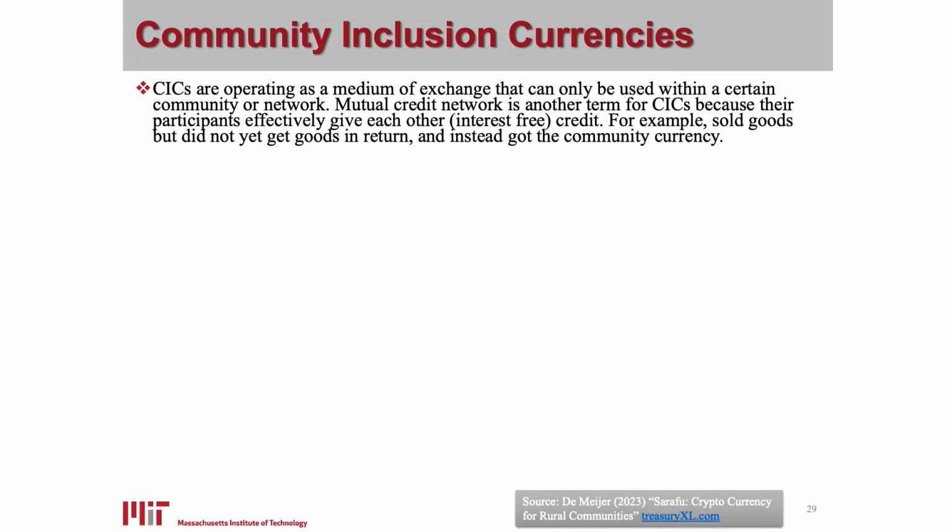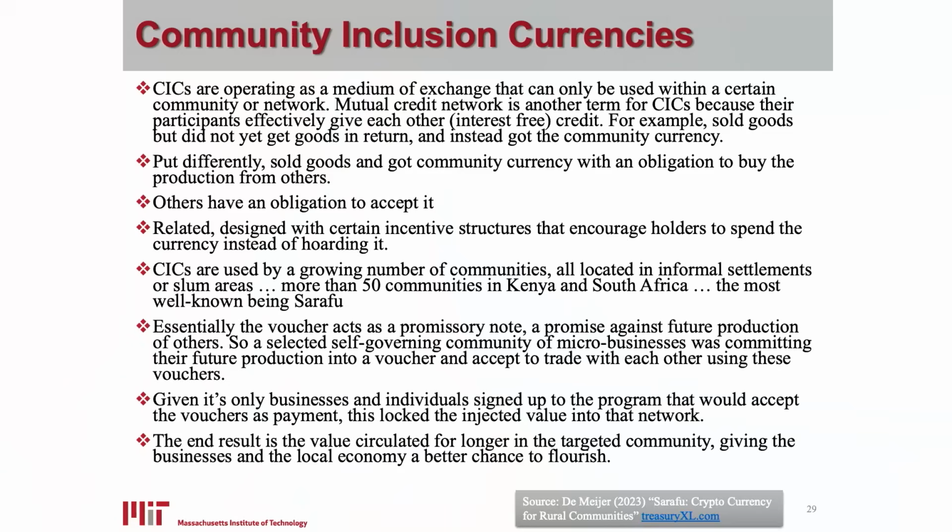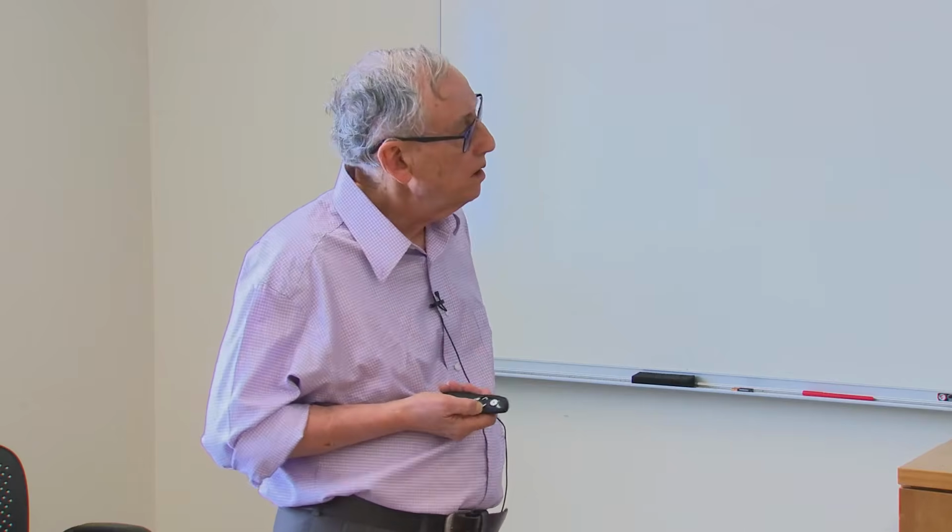So these CICs are a medium of exchange that can be used only within a certain network or community, like the peer-to-peer stuff, and which was registered babysitting services. It's a mutual credit network. It's another term for this community inclusion currency, because the participants effectively give each other interest-free credit. Now, what does that mean?